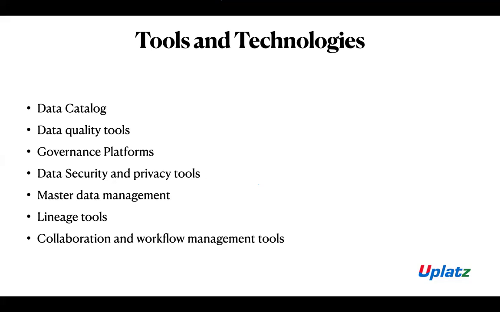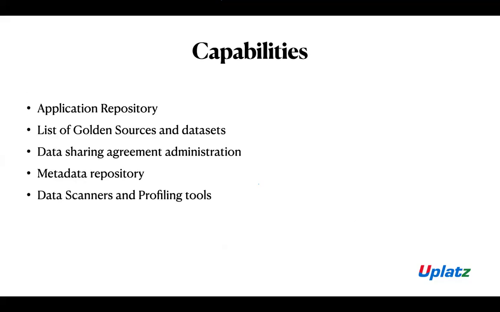Additionally, an architecture for supporting application and repositories is needed to support this also. Hence, for data governance to be successful, it needs to be supported by a few capabilities. So in the next slide, I have listed down a few of the capabilities.